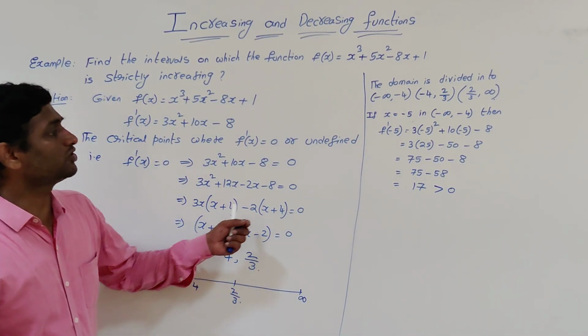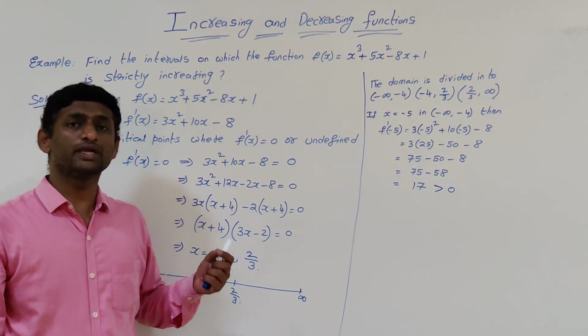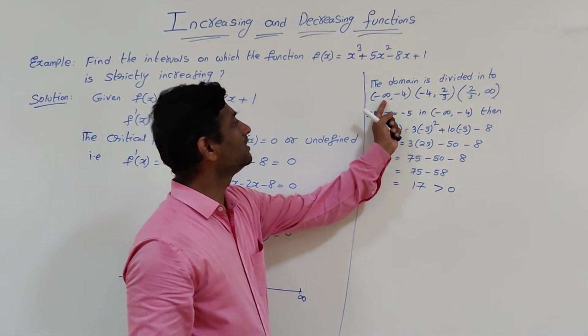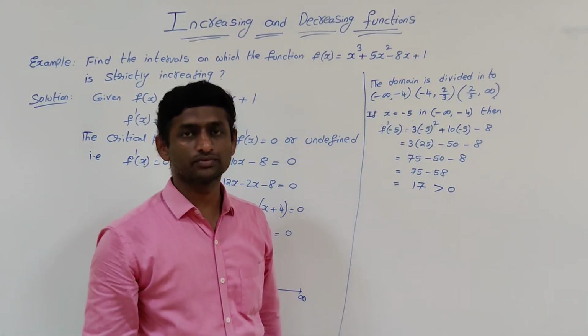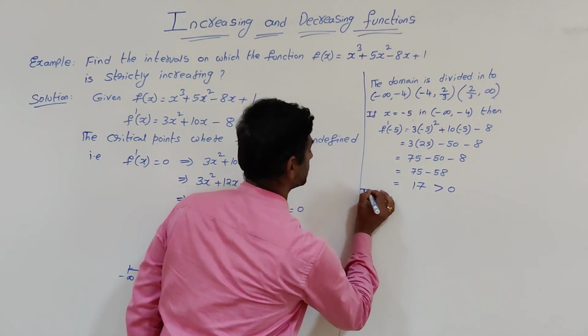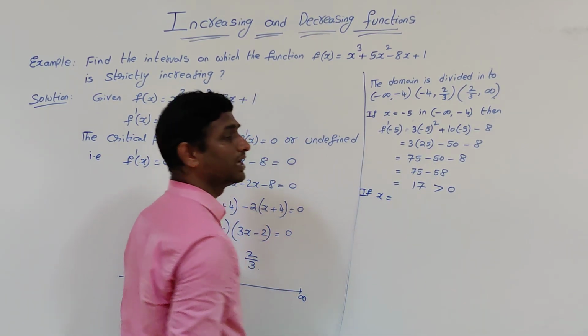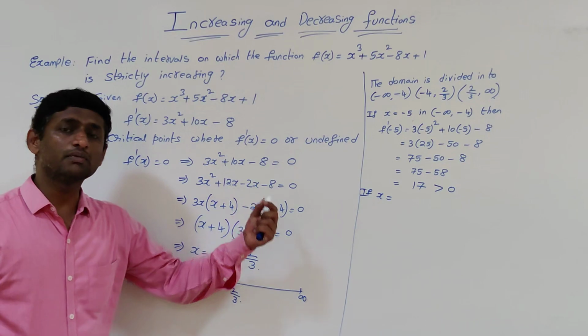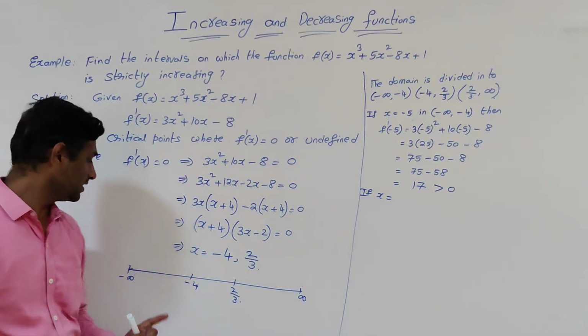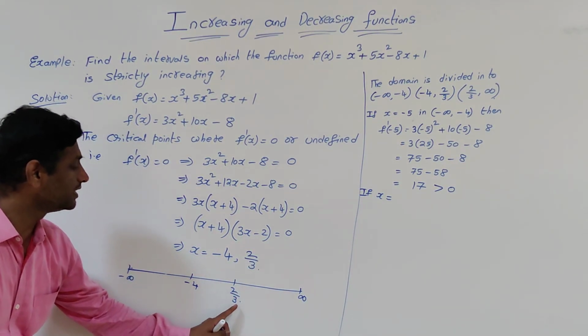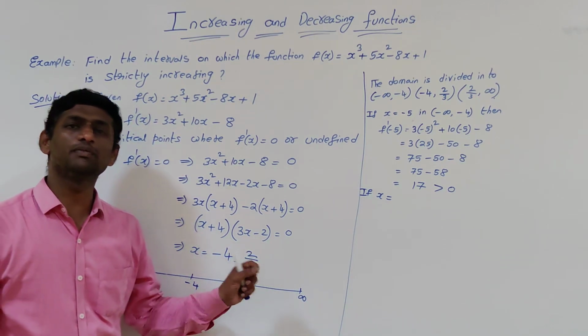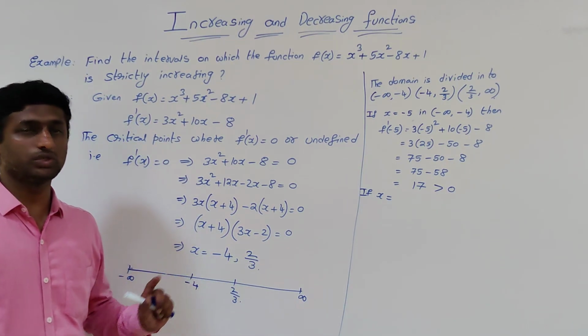So f dash of minus 5 is positive, means the function is increasing in minus infinity to minus 4. Next, if x is equal to another number in another subinterval, that is minus 4 to 2 by 3. 2 by 3 is approximately 0.6, so I can choose 0.